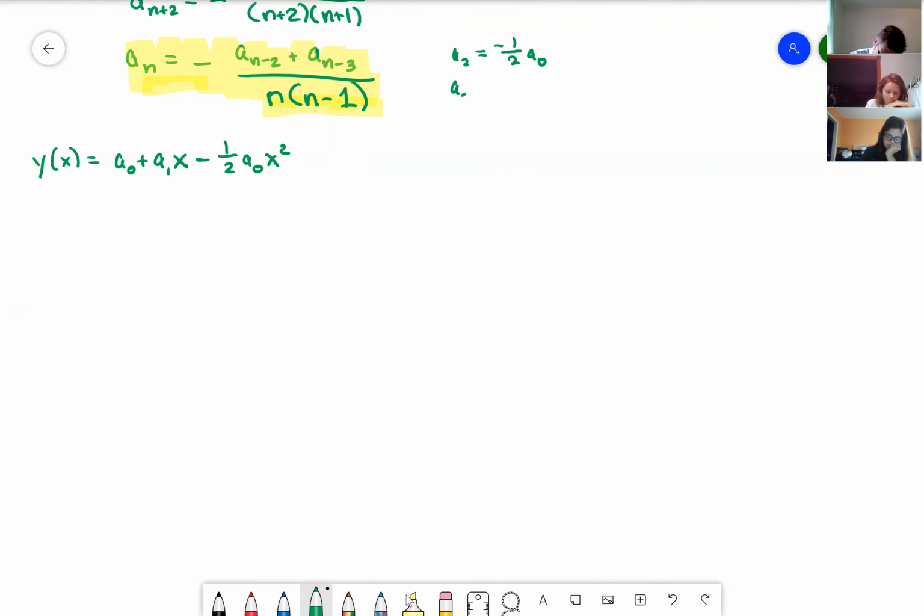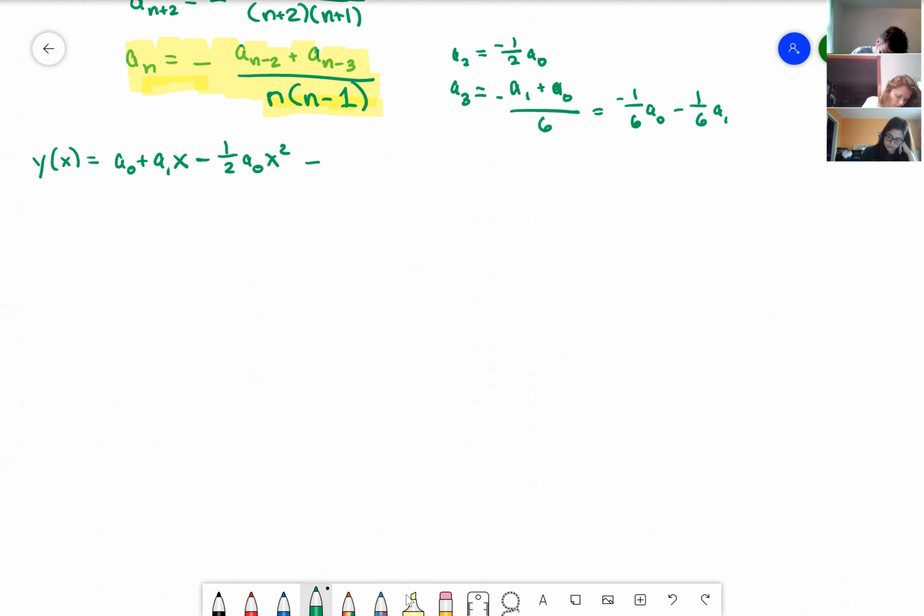Okay, a3 is going to be negative a1 plus a0 over 3 minus 2, over 6. So I'm going to say this is negative 1/6 a0 minus 1/6 a1. Let's write it like that.